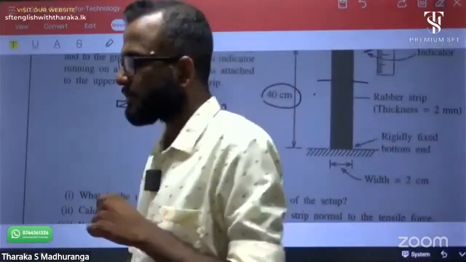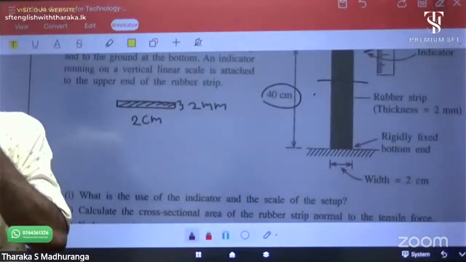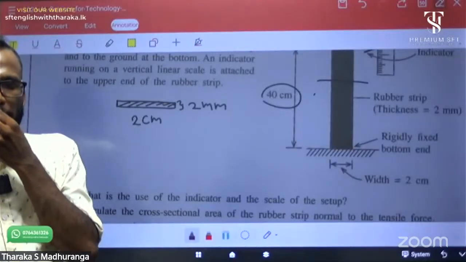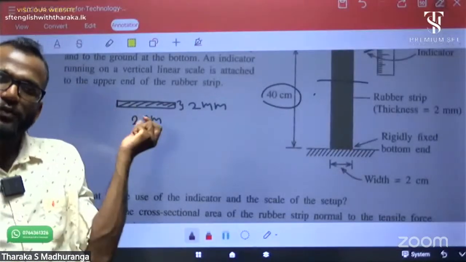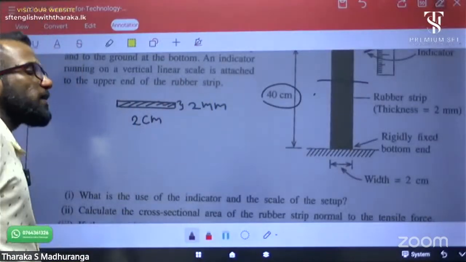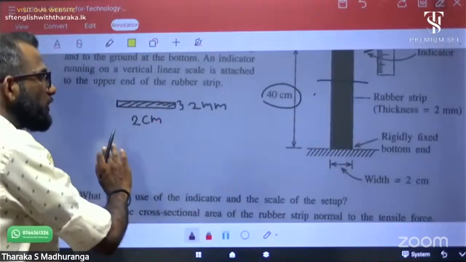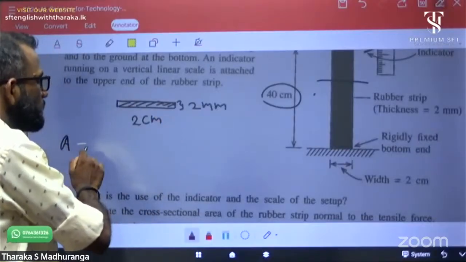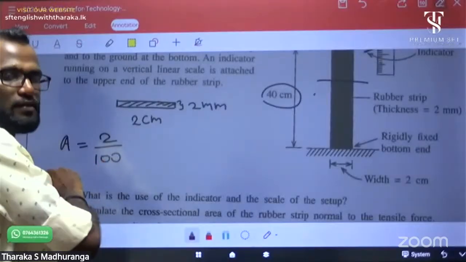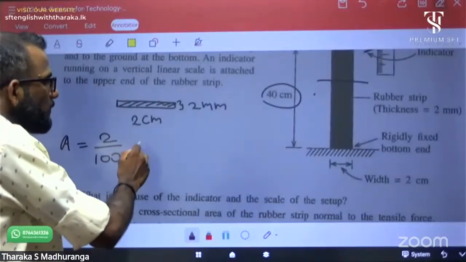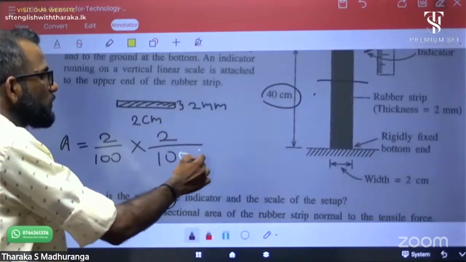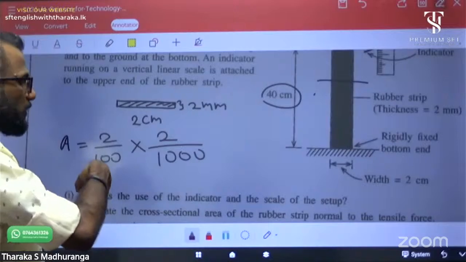No, because it is 2 centimeter and 2 millimeter. The better thing is you can convert into standard units. The area equals 2 divided by 100, converted into meter, multiplied by 2 divided by 1000, the thickness converted into meter. Now it is square meter.